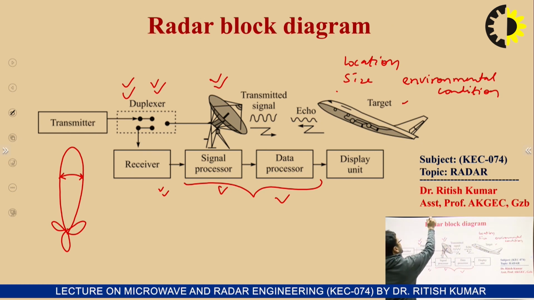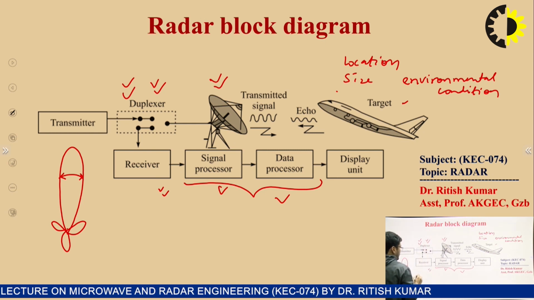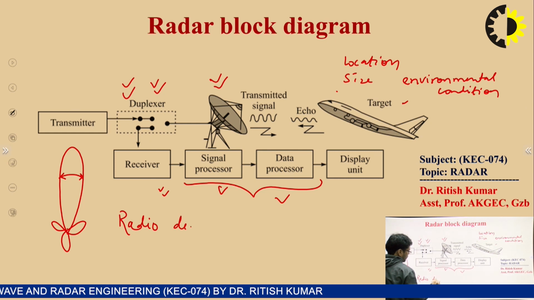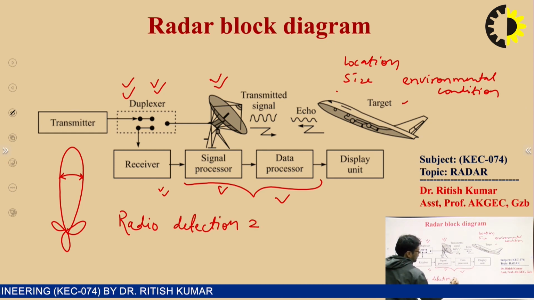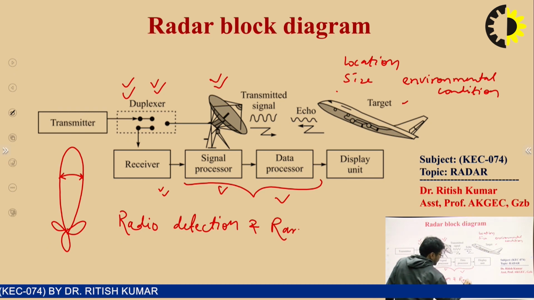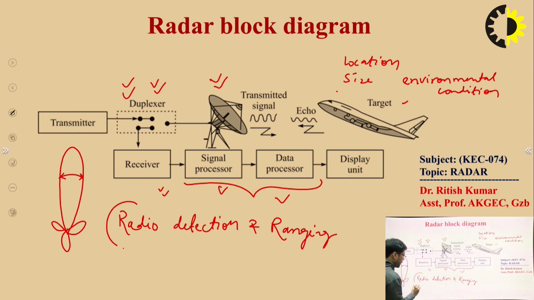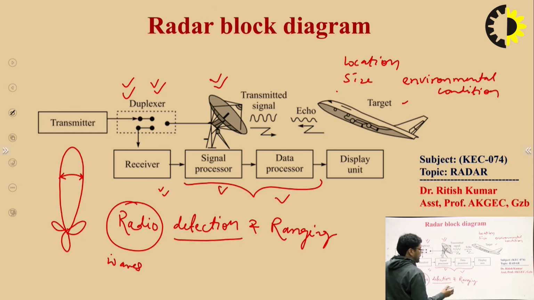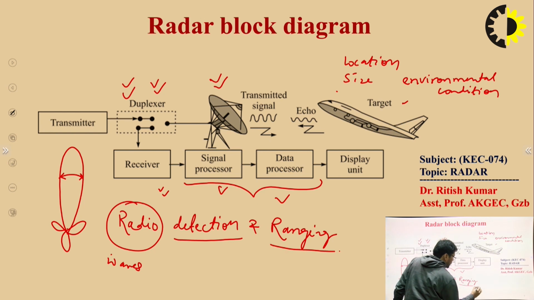That's why we call radar a radio detection and ranging. So with the help of radio waves, we are able to detect the location of the target.